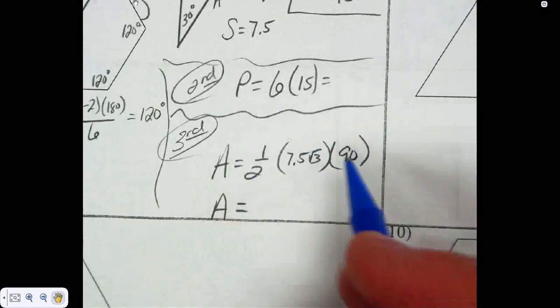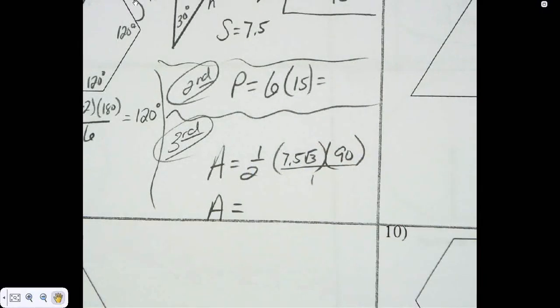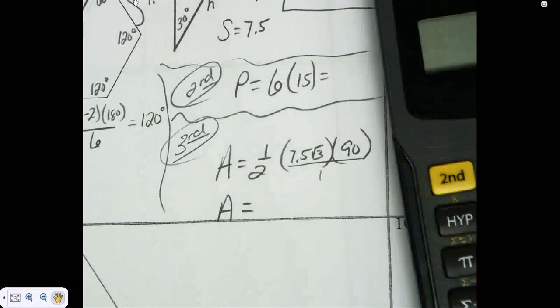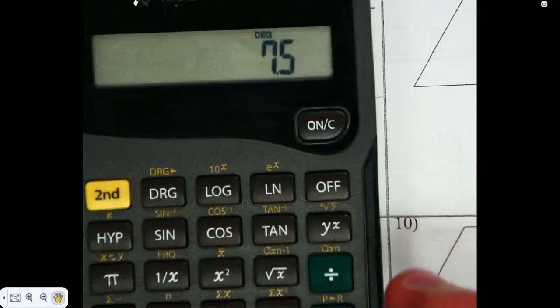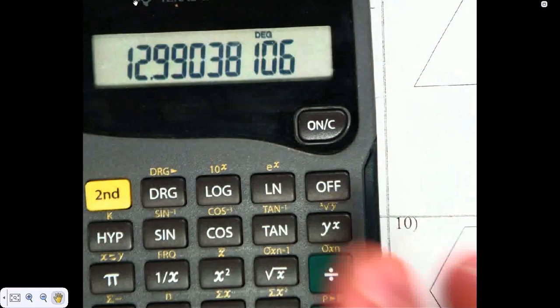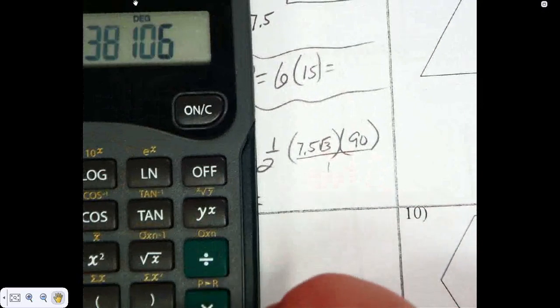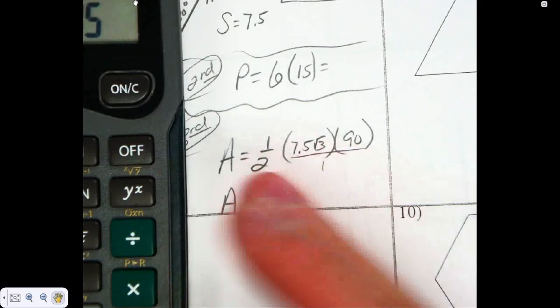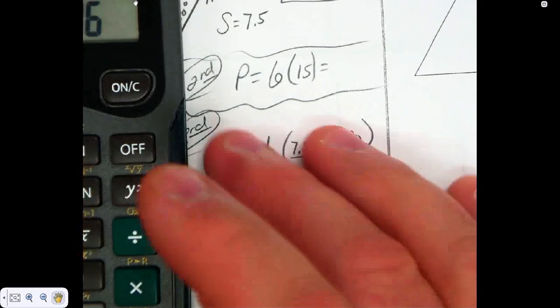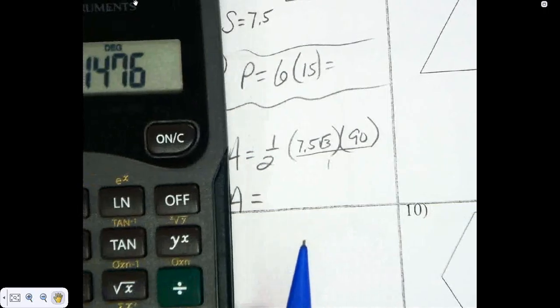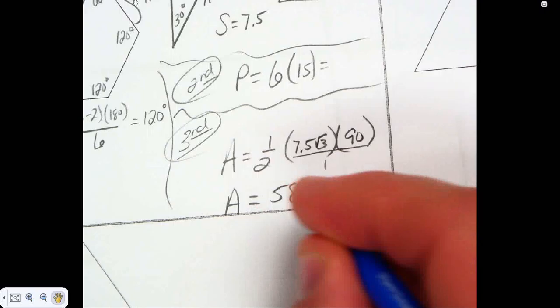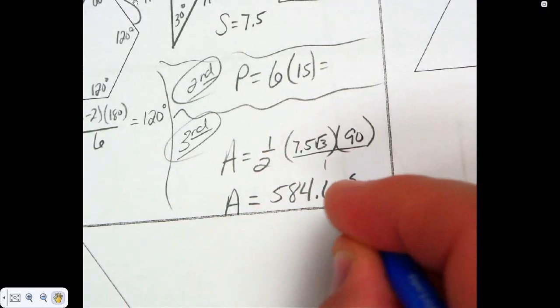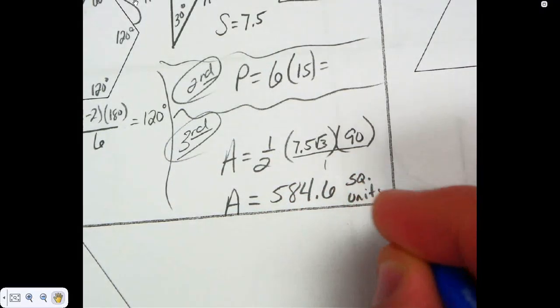Okay, these are all the things on top, so I can just simply, let's see, 7.5 times the square root of 3 equals that, and then I also got to multiply it times 90, right? Equals that, and then I got to do what? Divide by 2. 584 rounded to the nearest tenth would be 584.6. So my area is 584.6 square units.